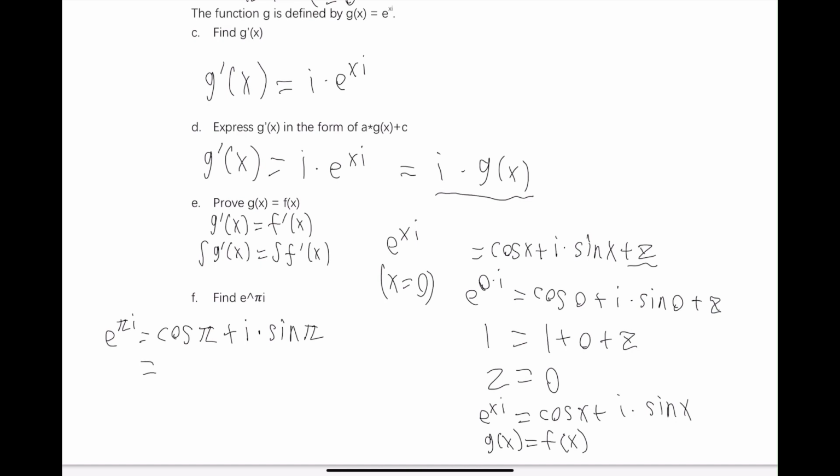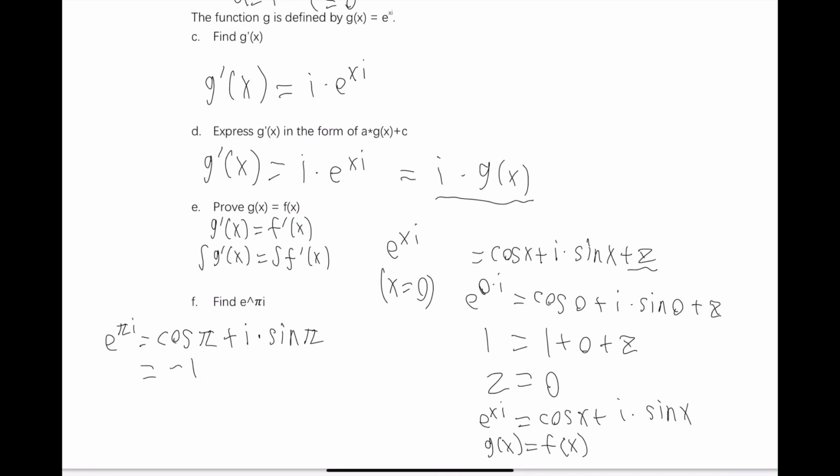So that equals minus 1. That's why we normally see e to the power of pi i equals minus 1. That's the answer here.